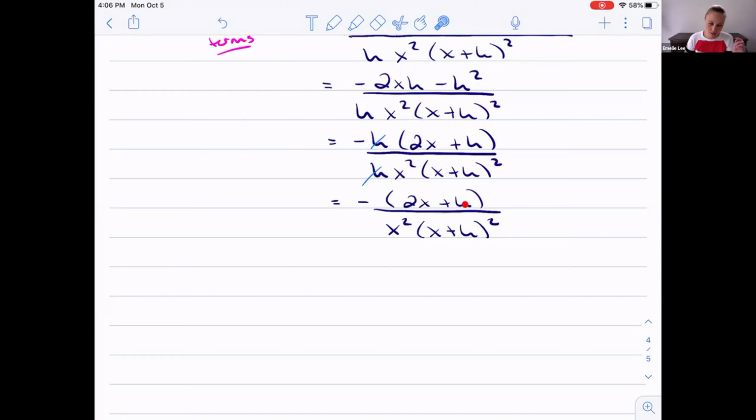If you have 2x plus h up here, you could be left with negative 2x minus h, but that would be the same thing, right? If you brought this negative inside. And WebAssign should accept either answer. It should accept negative 2x minus h over x squared times x plus h squared, or the way we've written it.